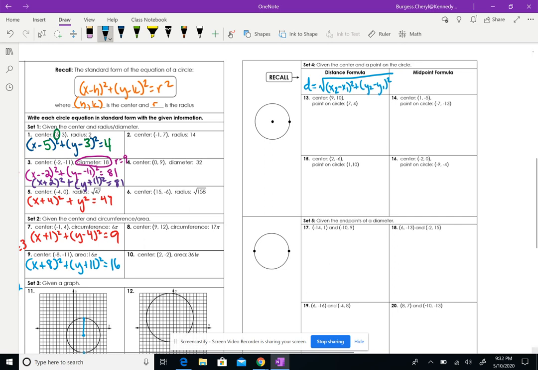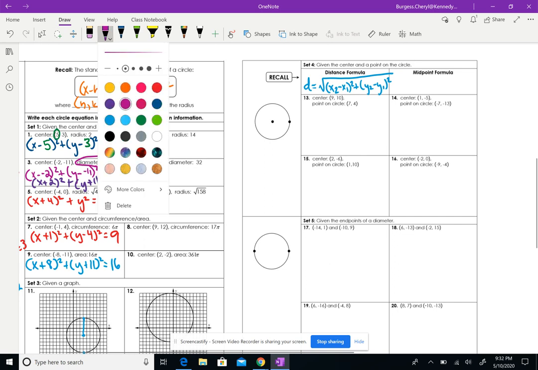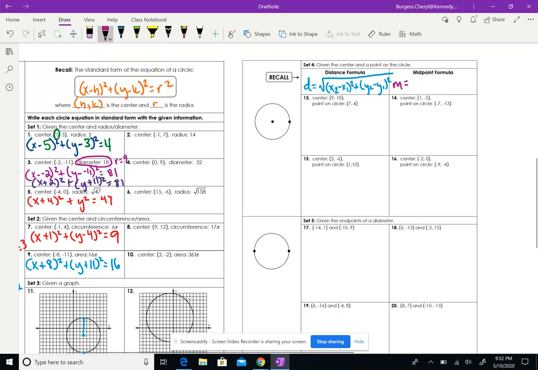What was midpoint? Do you remember? Midpoint is the average of the x values and the average of the y values. So midpoint, x1 plus x2 divided by 2, and y1 plus y2 divided by 2. Okay, so I assume we're going to have to use this.